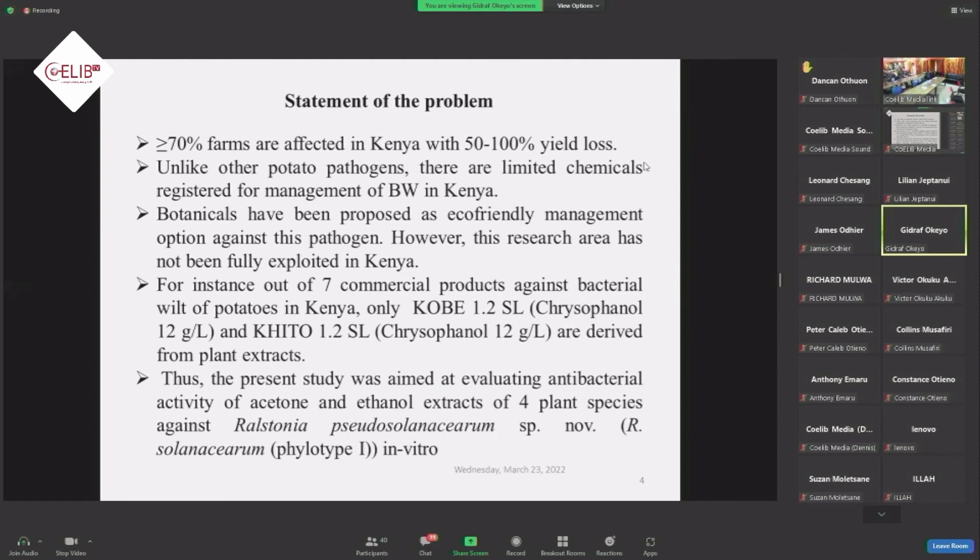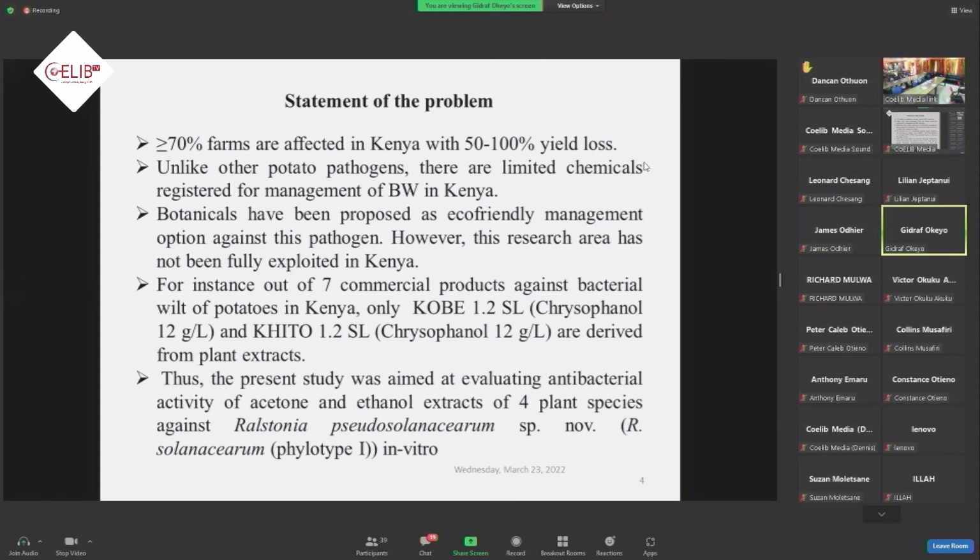But out of the 7, most are used as fumigants, which requires a lot of attention before they are used. That gives us the opportunity to come in with environmentally eco-friendly management options, where we come in with botanicals.